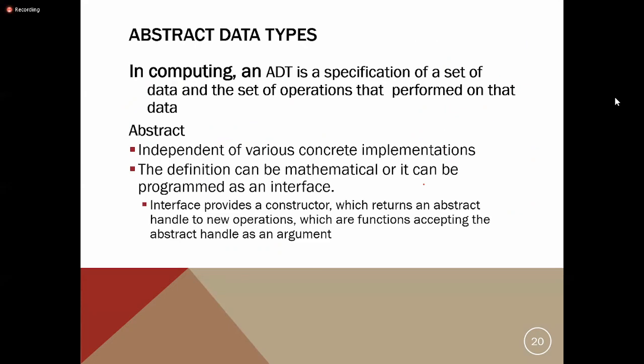Okay, so before starting with all these things, we need to know what an abstract data type is. In computing, an abstract data type is a specification of a set of data and a set of operations that are performed on that data. Not only the set of data, but also the operations performed on that data.